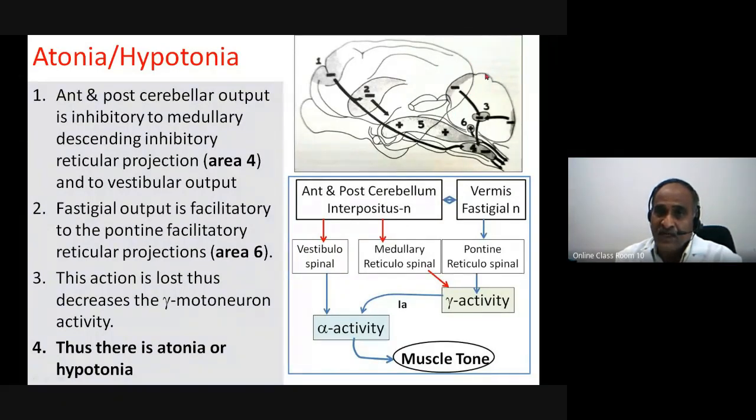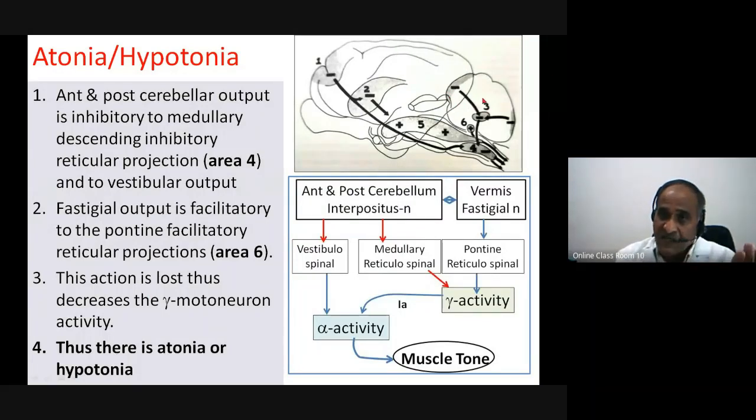When they cooled down the anterior part of the cerebellum, the gamma motor neuron activity decreased, but alpha motor neuron activity increased. So they suggested there is a link of alpha, gamma and alpha in the cerebellum, especially in the anterior part of the cerebellum.